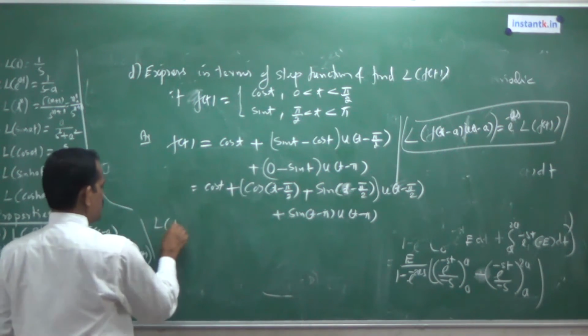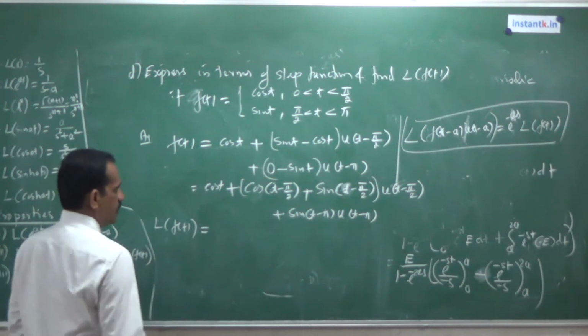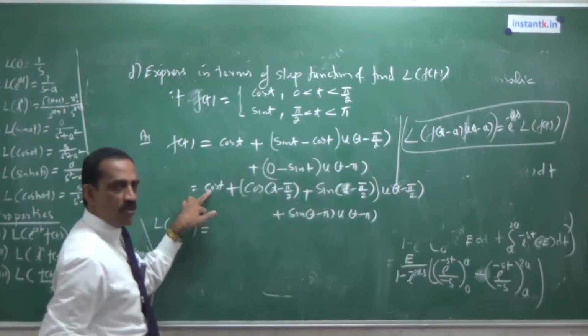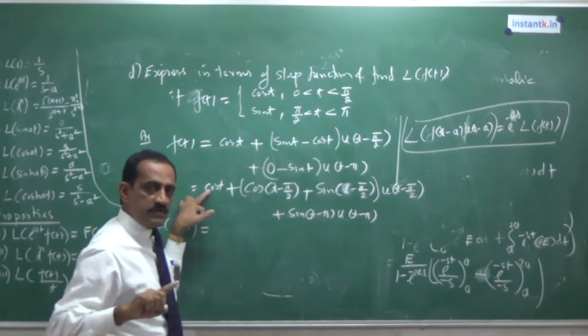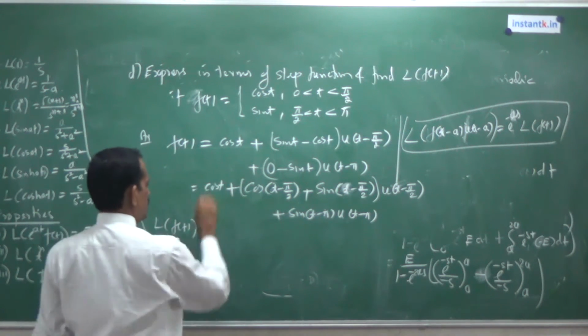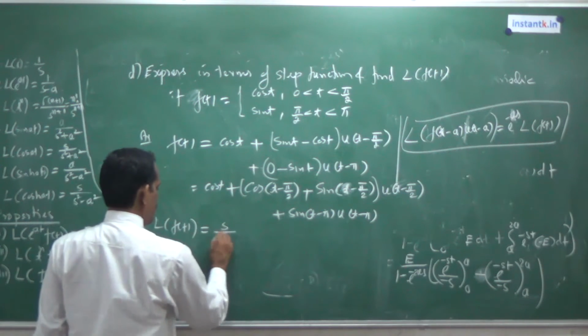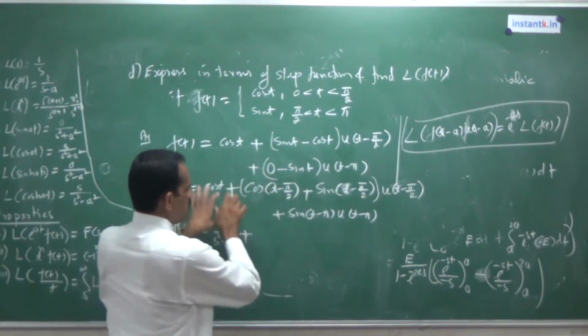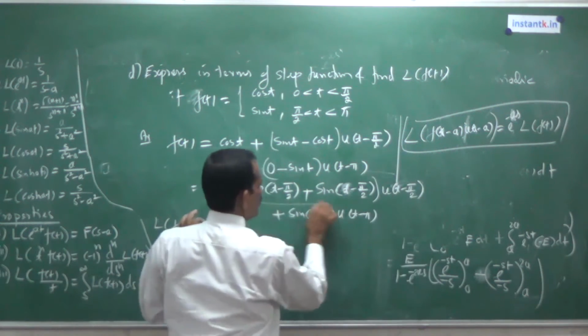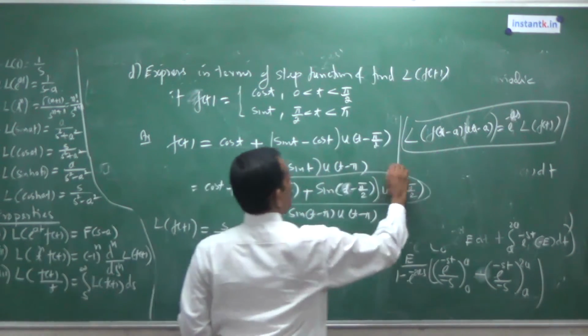So the Laplace transform of f of t equals first the Laplace transform of cos t. What is the Laplace transform of cos t? Cos at is s by s square plus a square, so it is s by s square plus 1. Plus the Laplace transform of this much. For this, apply the shifting property.